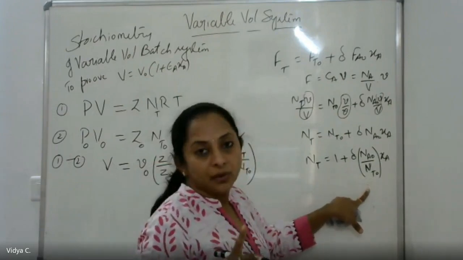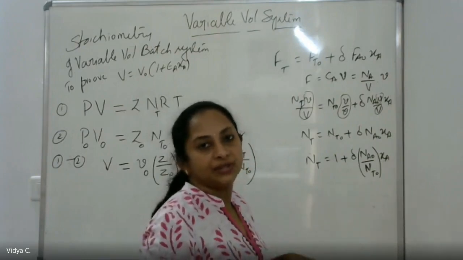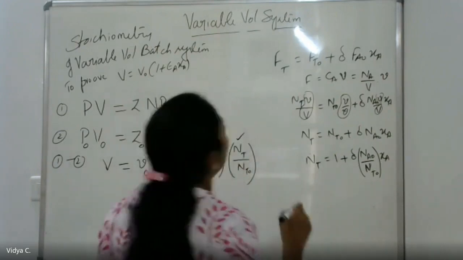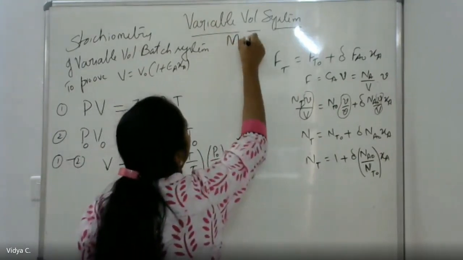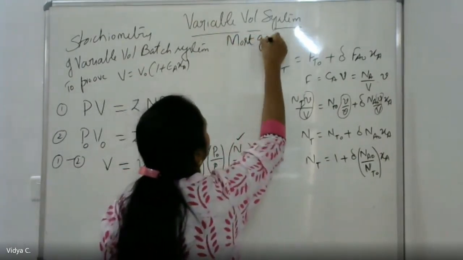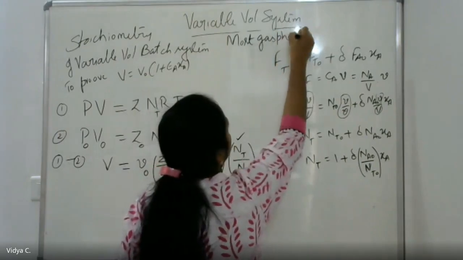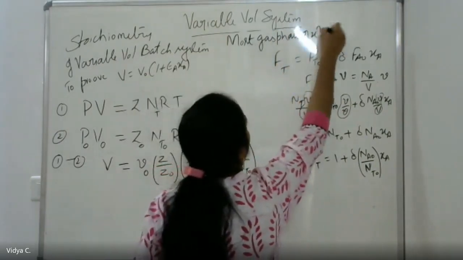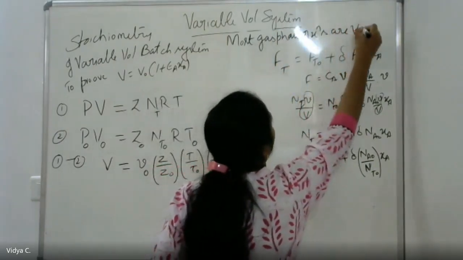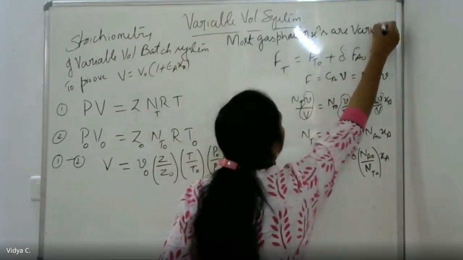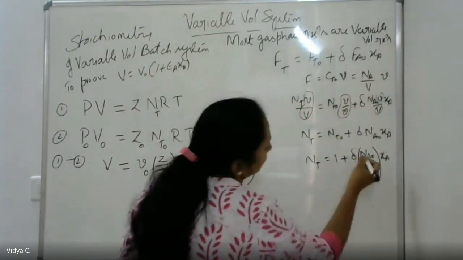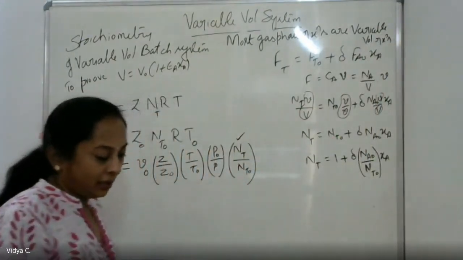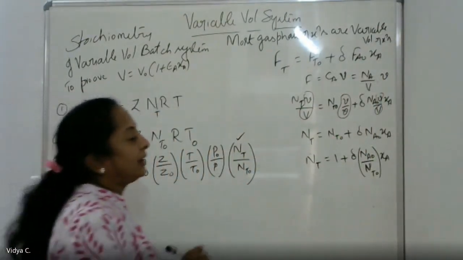But for the same component in gas phase reactions, when I say variable volume reaction, now this is very important. Most gas phase reactions are variable volume reactions. So this NA naught by NT naught can be written as YA.